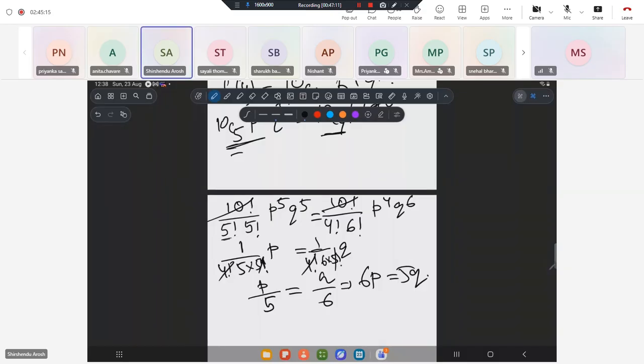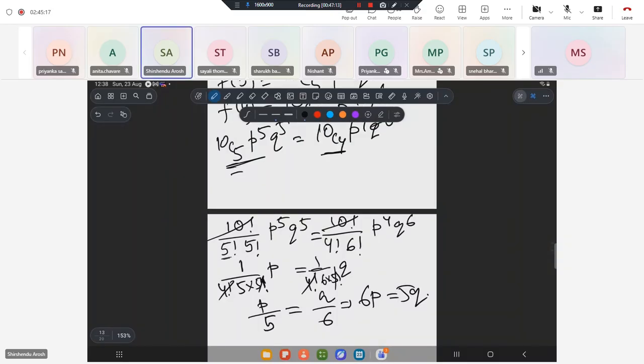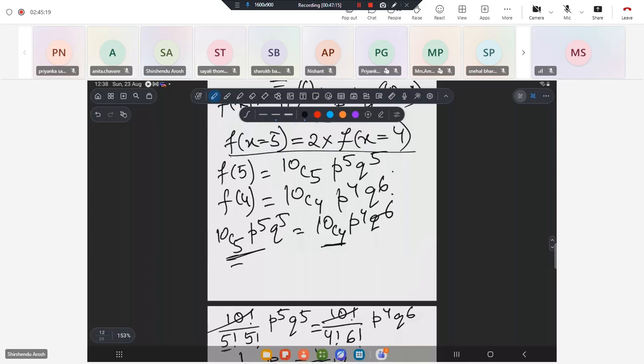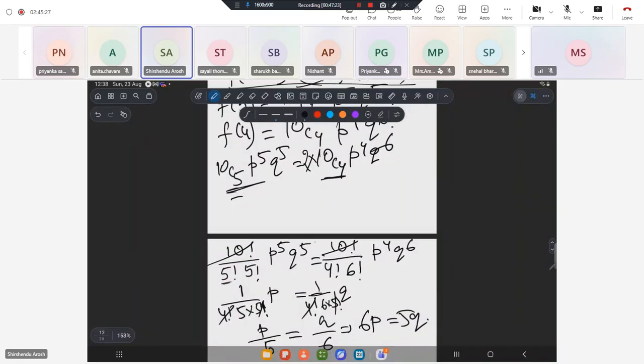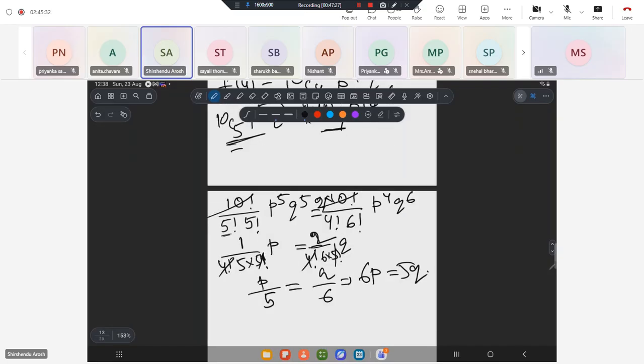Oh, sorry, I missed a 2. This should be 2 multiplied by this. Okay. So this is there, this is there, so this is 3. So 3p is equal to 5q.